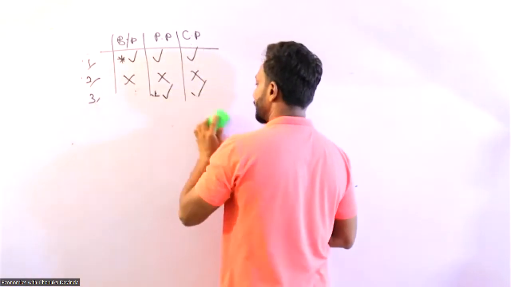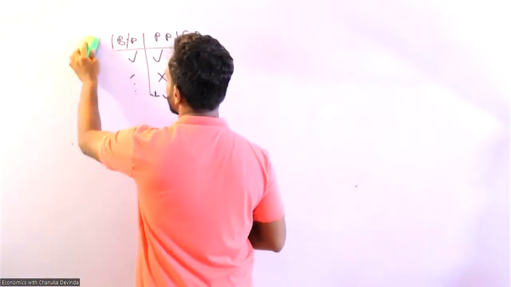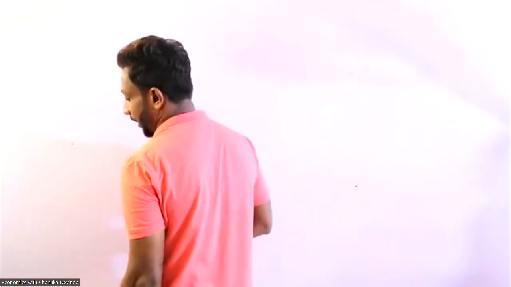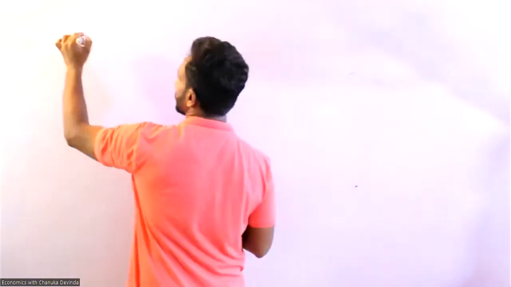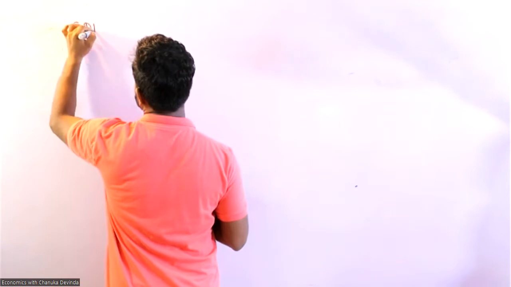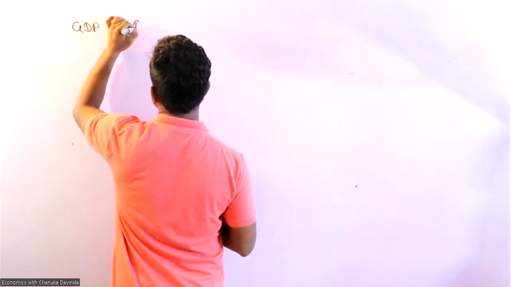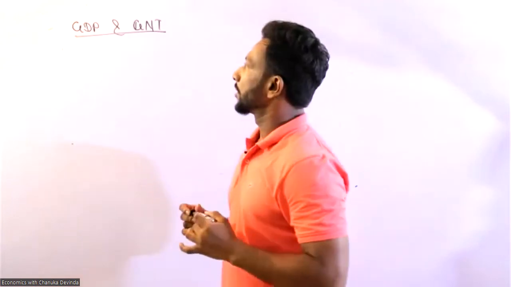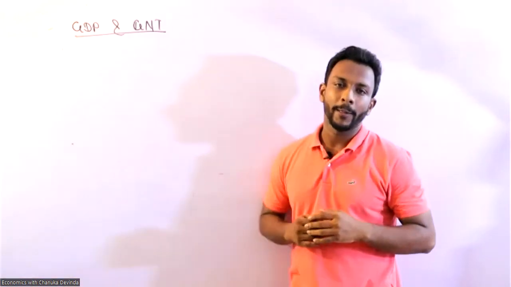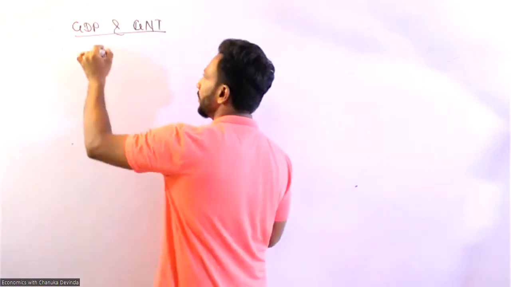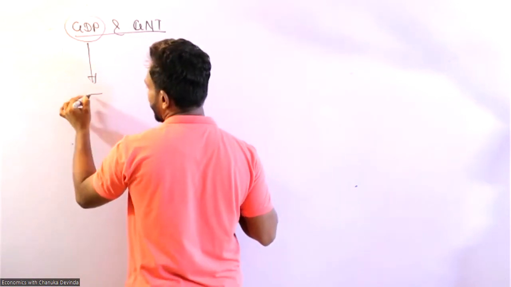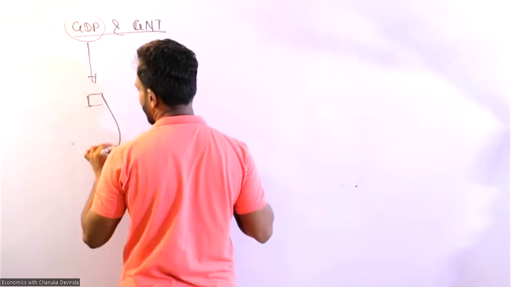So what is the difference between GDP and GNI? What's the difference between GDP and GNI? Right here, GDP means total production within an economic territory, right?